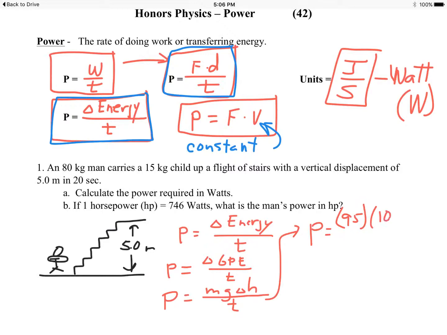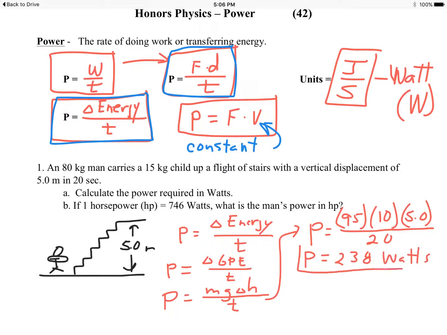We'll use the 10 meters per second squared to make that easy. And the change in height is 5 meters. And the time involved was 20 seconds. Those are all standard units, so when we plug everything in here, that comes out to be 238 watts.